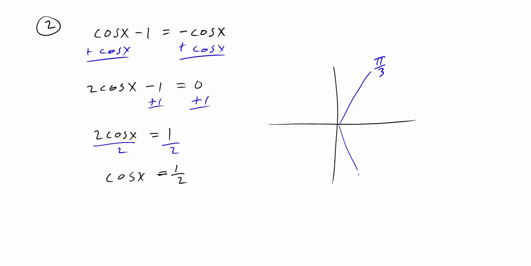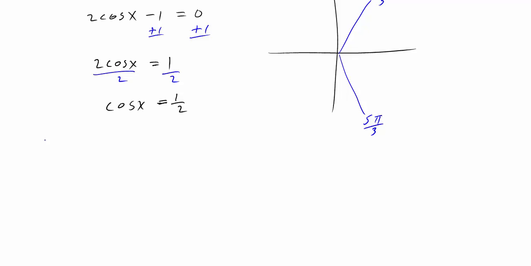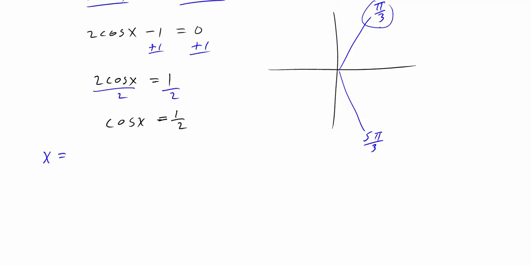Or if we go down here to the bottom, and this would be 5 pi over 3, we would have an x value of 1/2. So therefore, we would say our value of x could be equal to pi over 3.